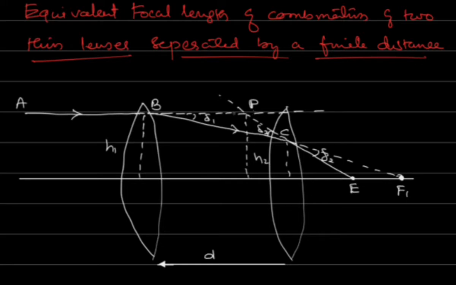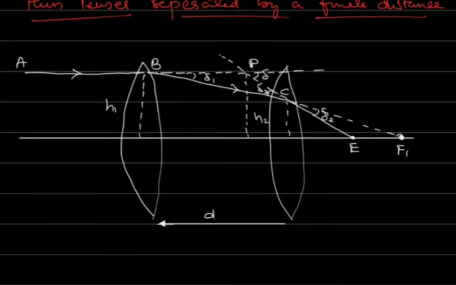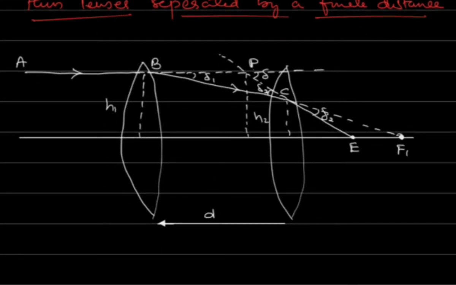So the emergent ray in the backward direction and the incident ray create an angle, that is the exterior angle. So the exterior angle is the sum of the interior angles, so whatever angle value we get, the exterior equals the interior.